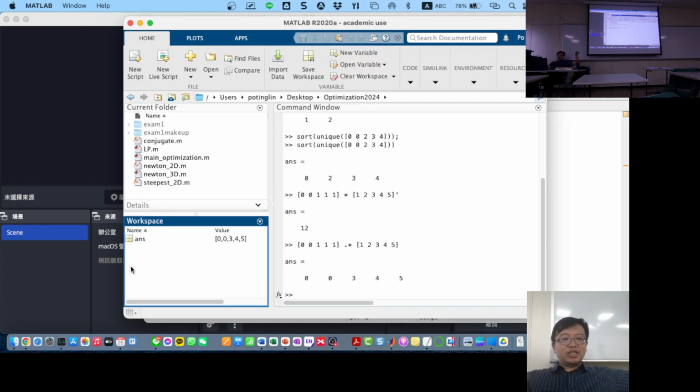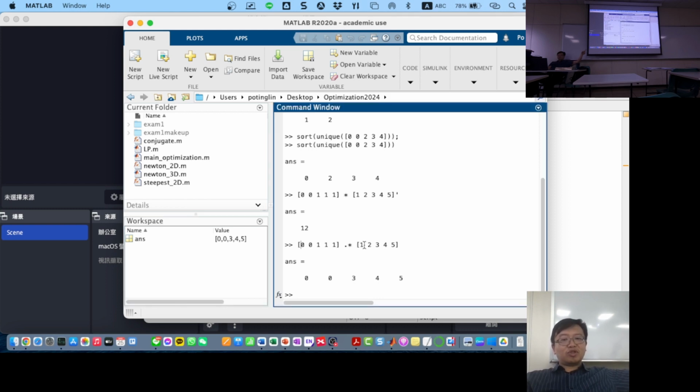So the first element will be doing whatever operation you have to the first element on the right, and the second element will be doing the same calculation to the second one on the right. So it's going to be 0 times 1, 0 times 2, 1 times 3, 1 times 4, 1 times 5. So at the end, it's still a vector. So it's a very unique calculation in MATLAB, the point multiply.